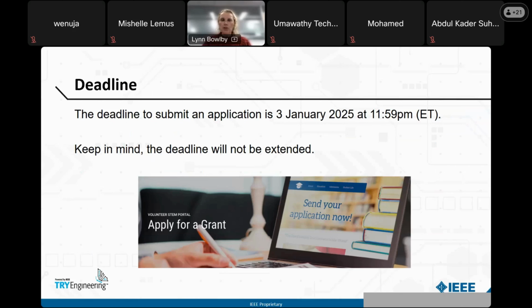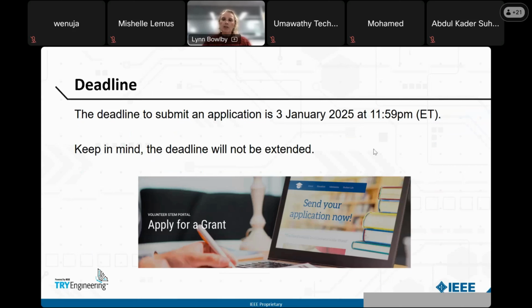So you need to hit that 3rd January, 11:59 p.m. deadline, or the platform will stop and you will not be able to submit an application. So please keep in mind, we're not extending it. So don't have the expectations that we will. We just want to be very clear about that up front.